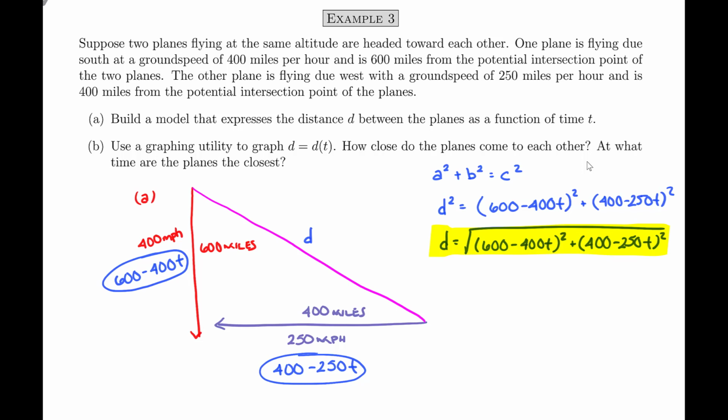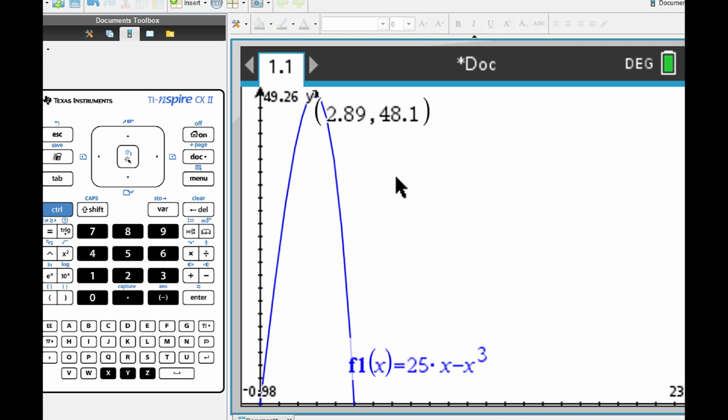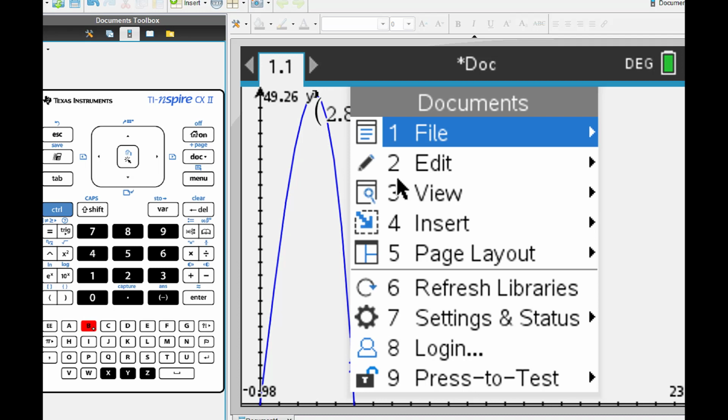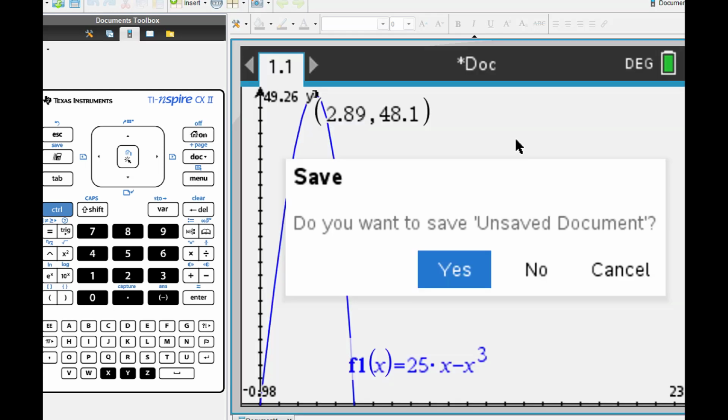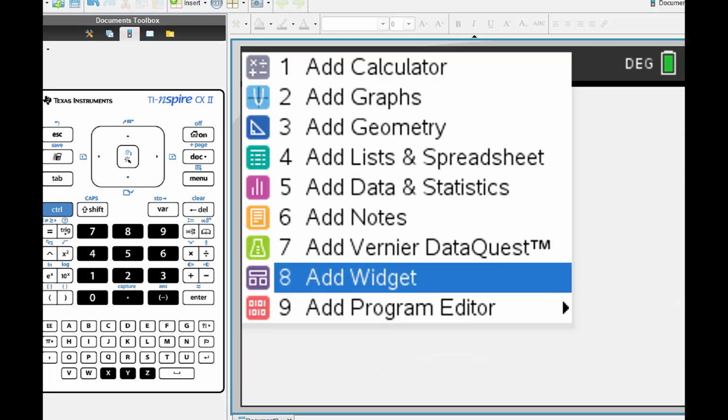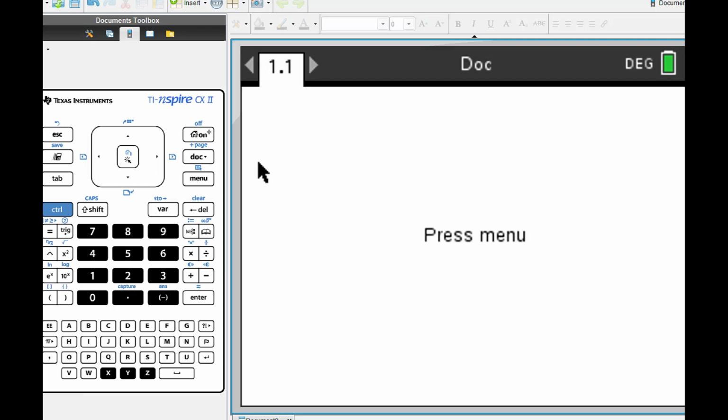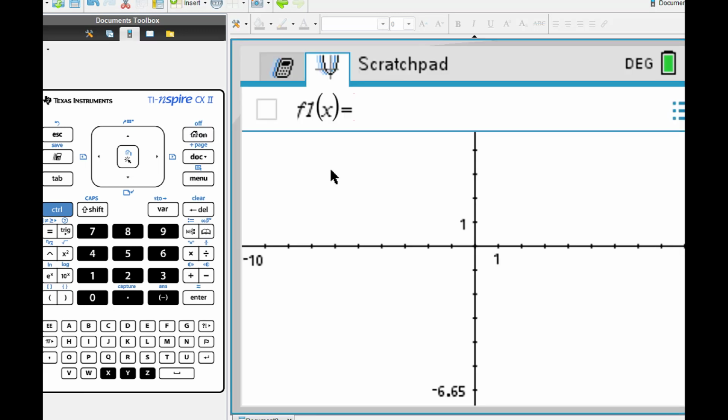So we're going to go back to our calculator and graph this. We just do a new document. Go to our graph.